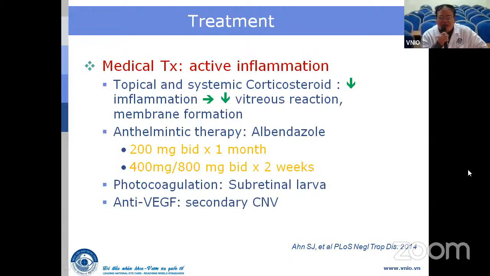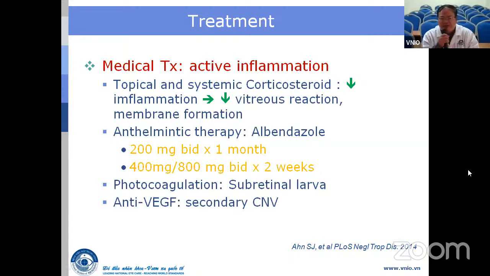And we use antihelminthic therapy here, mebendazole, quite popular here, 200 milligram per day for a month. In systemic disease, we have to take a longer treatment with 400 to 800 milligram per 2 weeks.